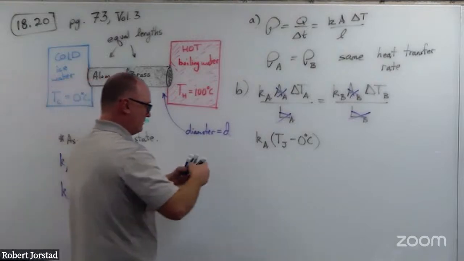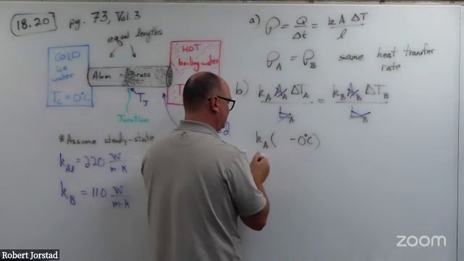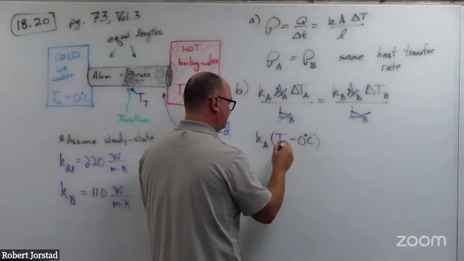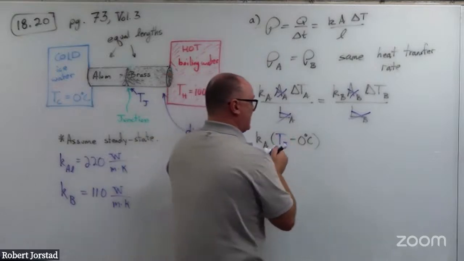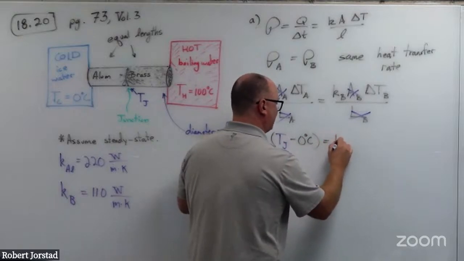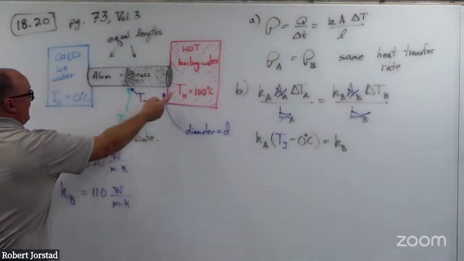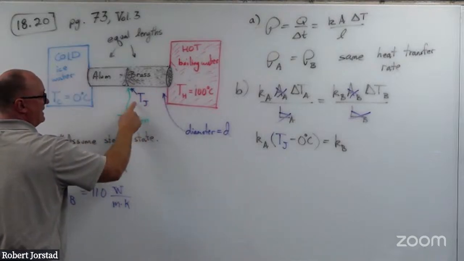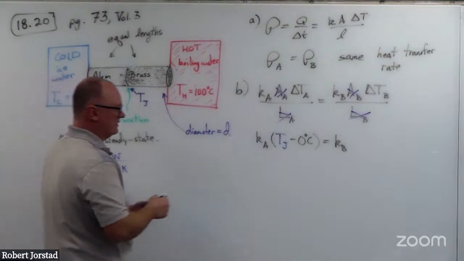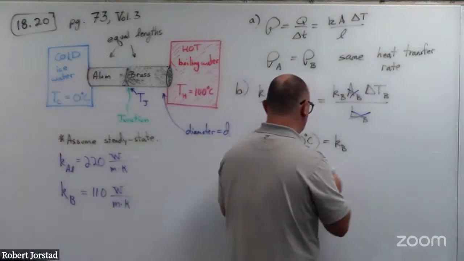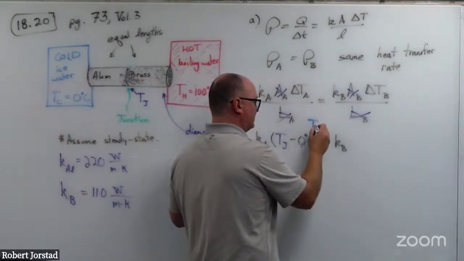And let's put this in purple so it pops. On the other side, let's be careful here. The temperature difference for this one should be high minus low, T hot minus Tj, and this could be T cold.